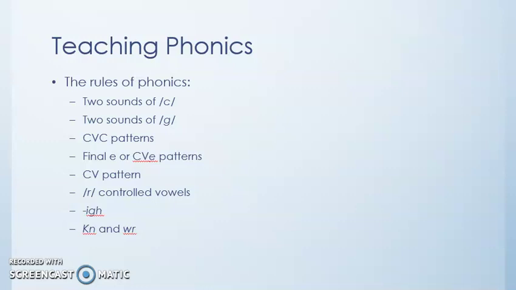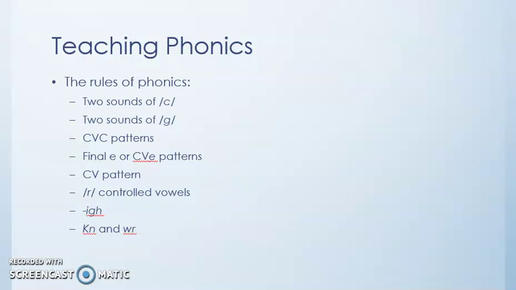So recognizing the two sounds of C and G, and knowing what CVC patterns are. So that's consonant, vowel, consonant. And then being able to identify how final E changes the sound of a word in CVe patterns. So consonant, vowel, then E.